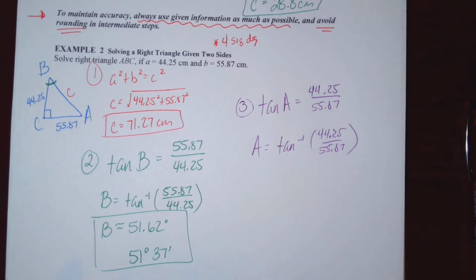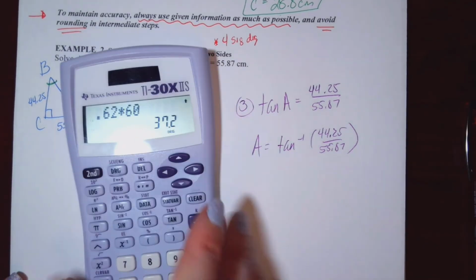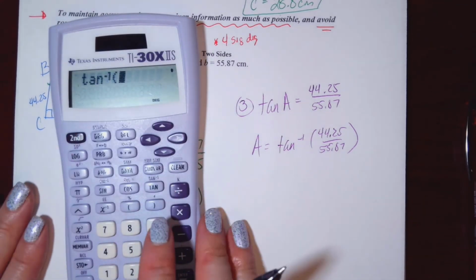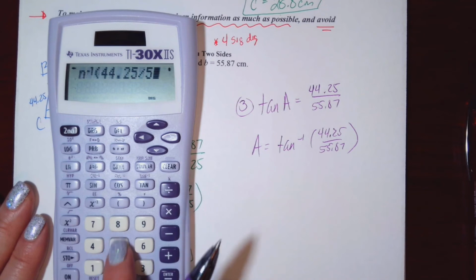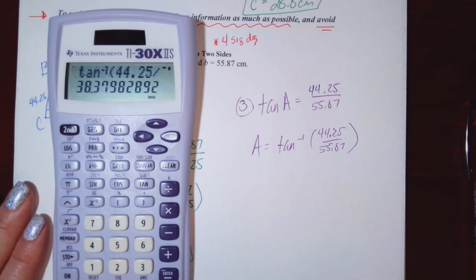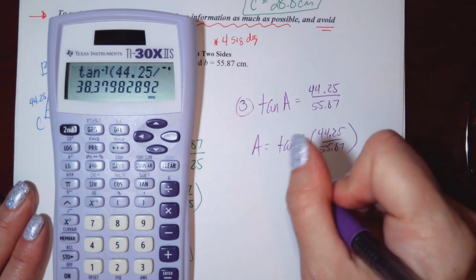Remember, opposite and adjacent are the other orientation. So when I plug that into my calculator and I do tangent inverse, I get 37 point, and we got to round it to 38.